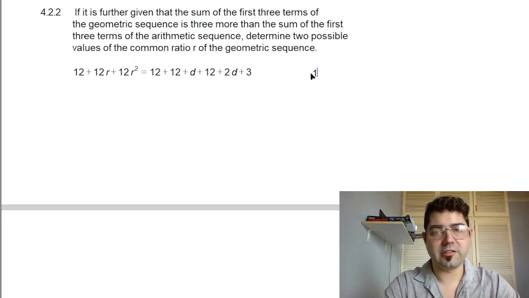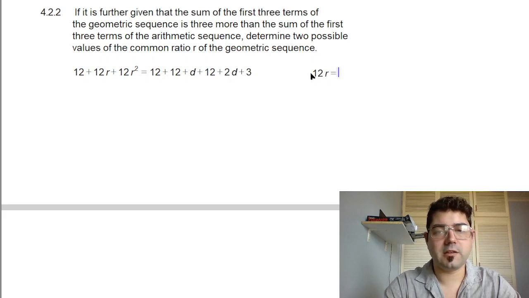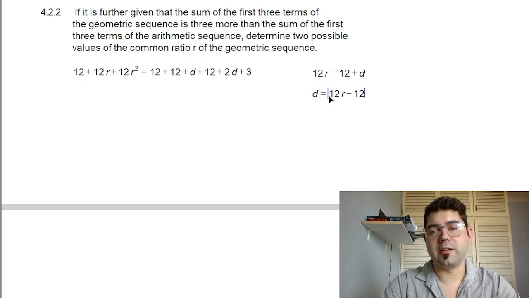So in other words, that geometric sequence, the second term 12r, is equal to the second term from the arithmetic sequence, 12 plus d. And this we can use to get d in terms of r really easily. We can say that d is equal to 12r minus 12. We get that just by bringing the 12 over.